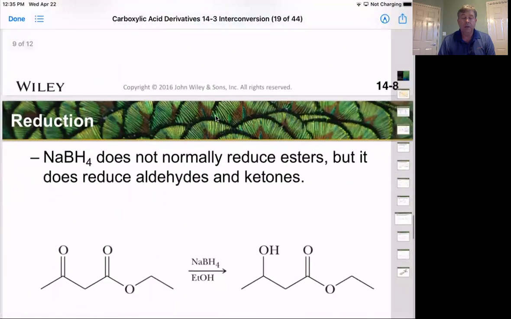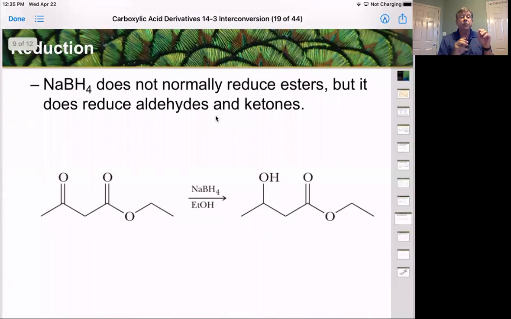Okay, so that being said, sodium borohydride is not strong enough to reduce down the ester. Therefore, you can use sodium borohydride to reduce down a ketone or an aldehyde while leaving the ester intact. So if you wanted to get to your carboxylic acid alcohol, this would be a good way to do it: the lithium aluminum hydride is required to do the ester.